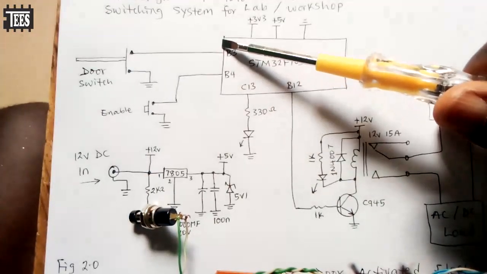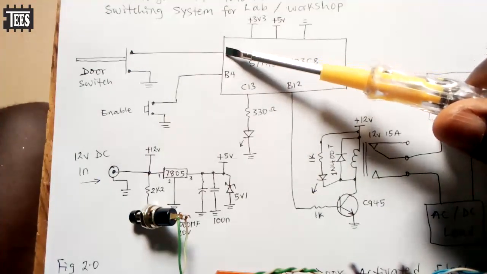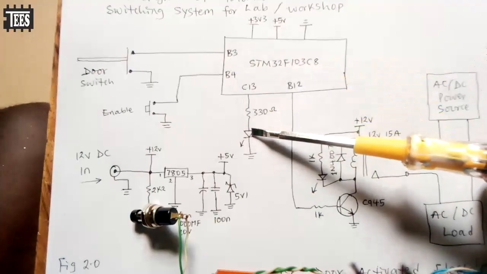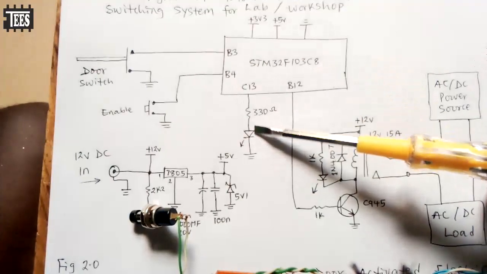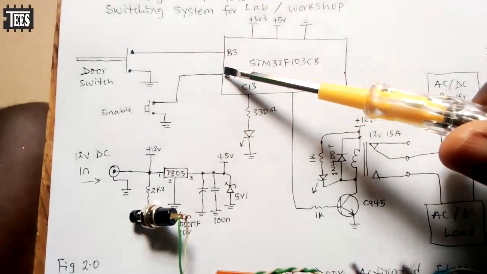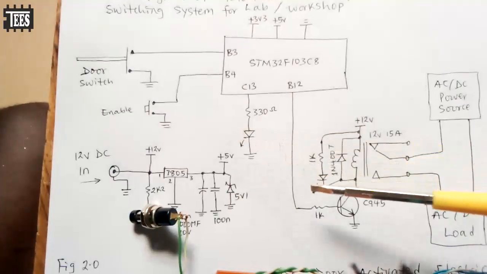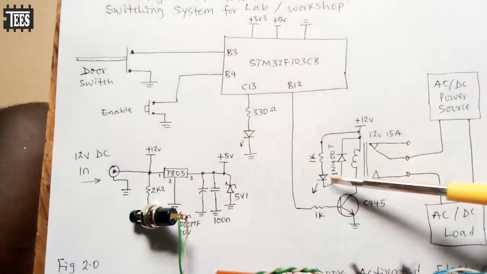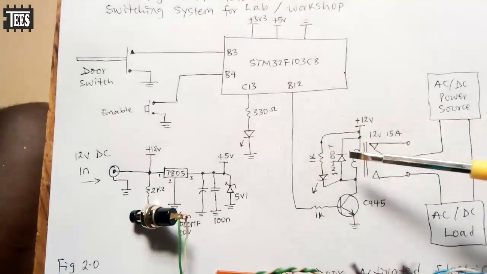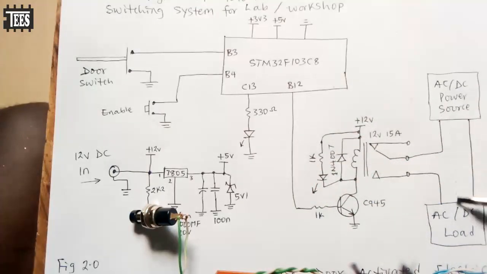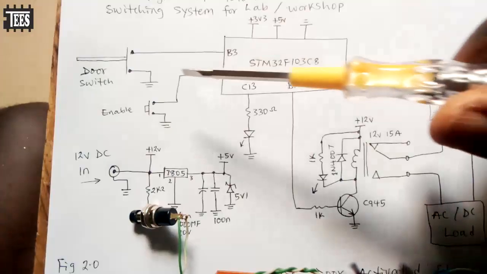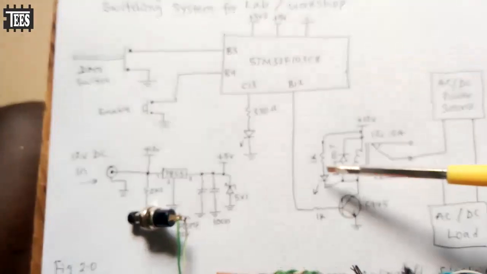Now, if this one is on logic 0, it means that the door is closed and you start flashing this LED, and at that time it detects logic 0 here. It will pause from what it wanted to do. That means it will allow this pin to remain logic 1, which means the relay will still be on, which means there is power supply to your load. You understand? Now, the moment you open the door again, the sequence is going to start all over.